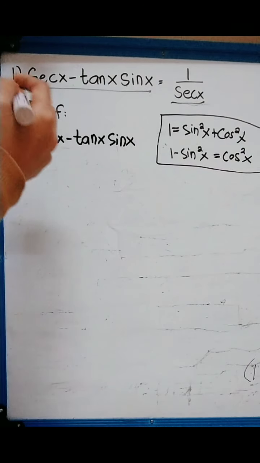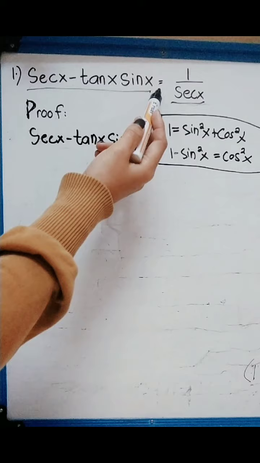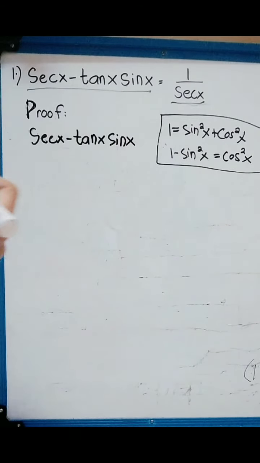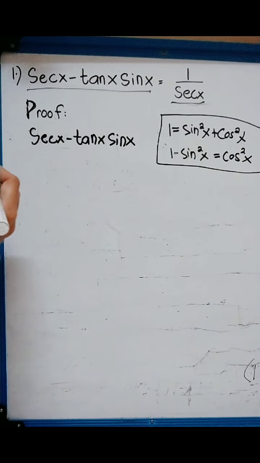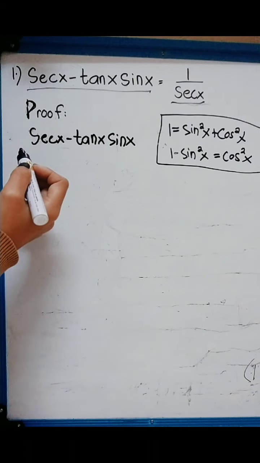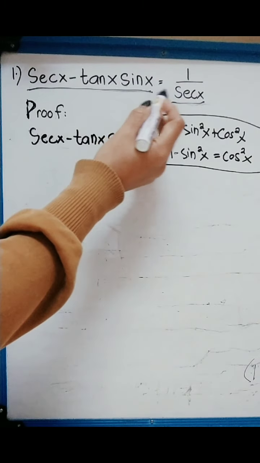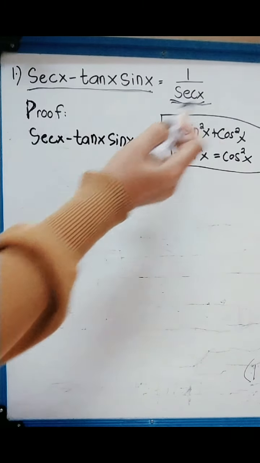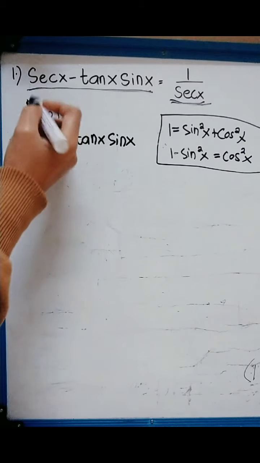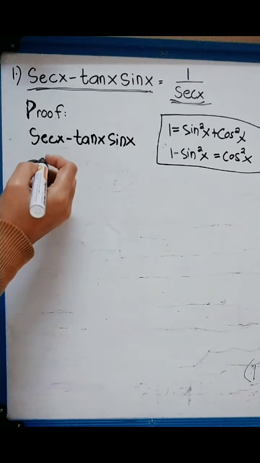So, we'll prove that secant x minus tan x times sine x is equal to 1 over secant x. First, we will simplify the left-hand side of our equation and show na equal siya to the other side. So, we just copy our left-hand side.